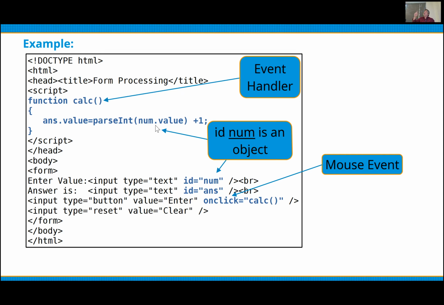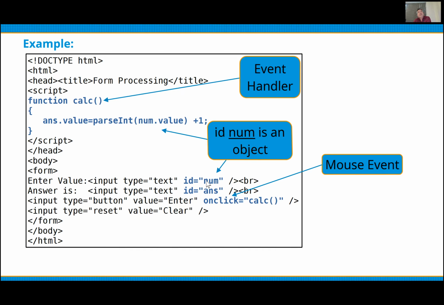The value attribute, the value property, stands for the content of the text box. So the value attribute is used to either read the content of the text box or override it.